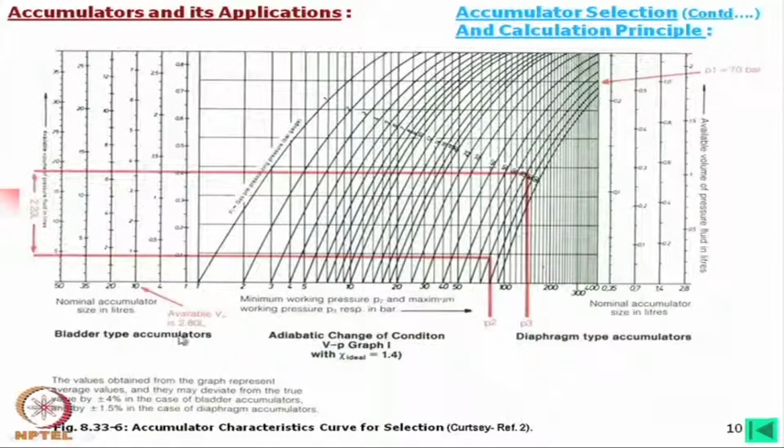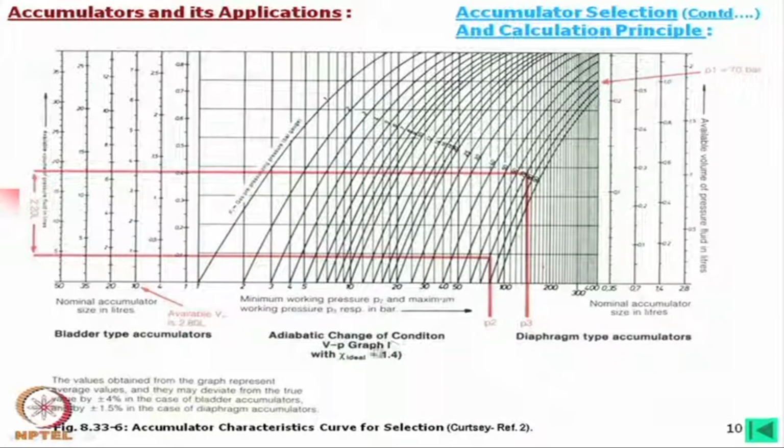Now, this graph covers the bladder type accumulator and the diaphragm type accumulator. These lines are for the diaphragm type accumulator, and these lines are for the bladder type accumulator.